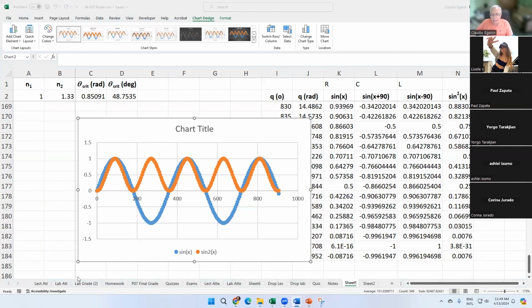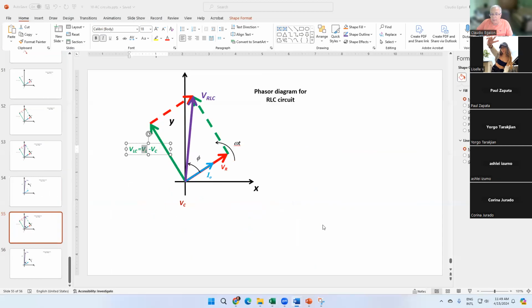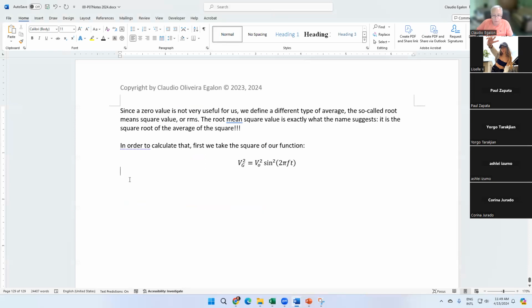And when we do that, next, we take the average of the above function. We can do that using calculus, okay?